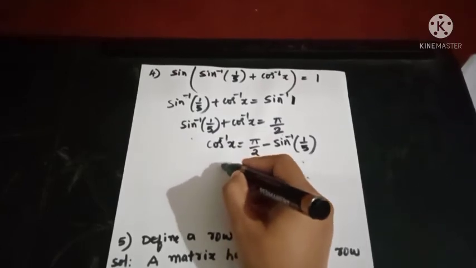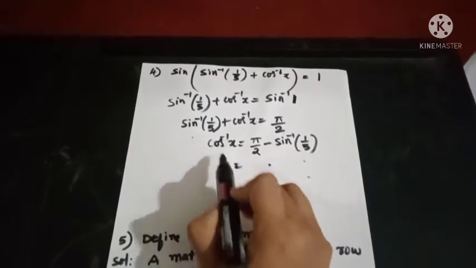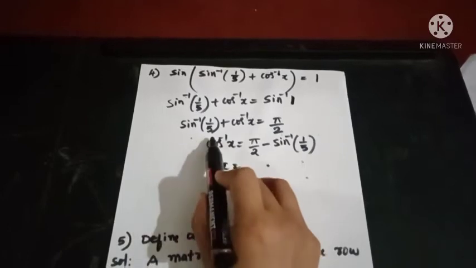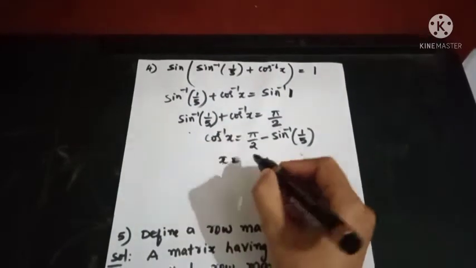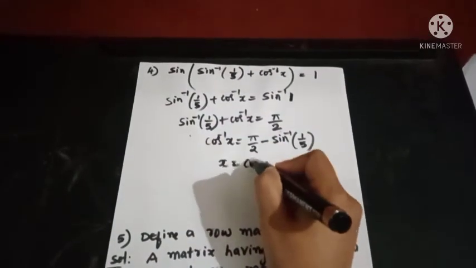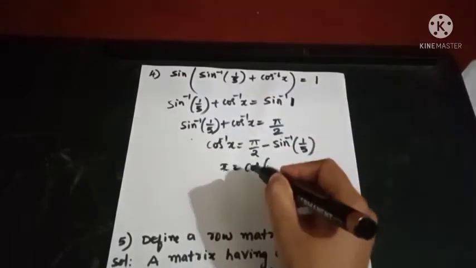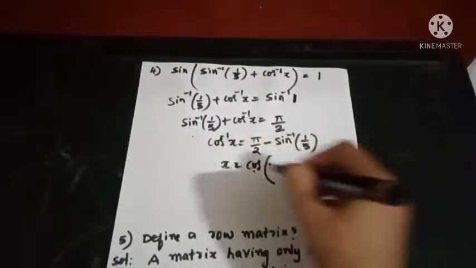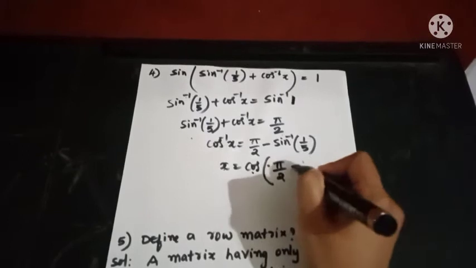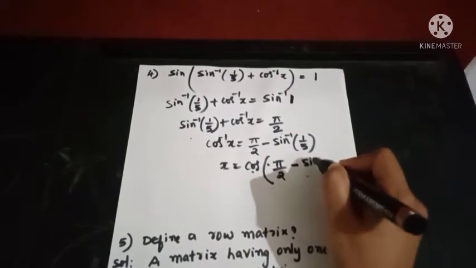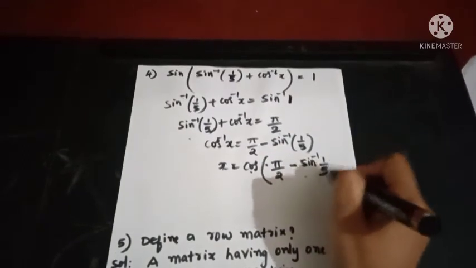So x is equal to, if cos inverse goes to the RHS, it becomes cos. So x equals cos of the angle pi by 2 minus sine inverse of 1 by 5.